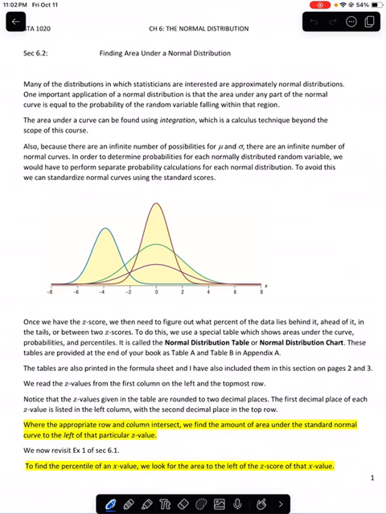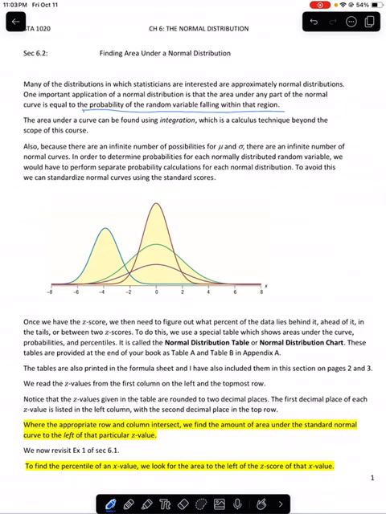And one important application of a normal distribution is that the area under any part of the normal curve, the bell-shaped curve, is equal to the probability of the random variable falling within the region.